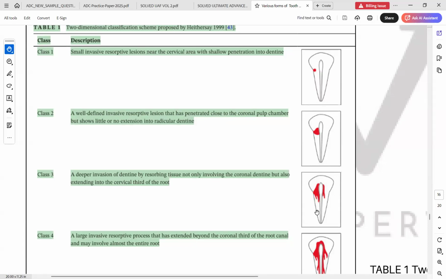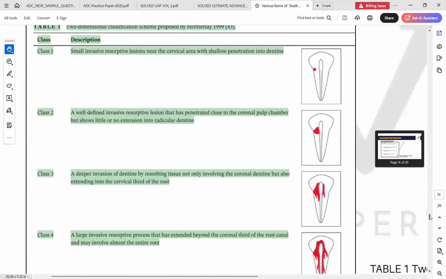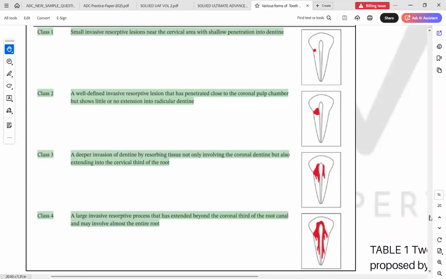And the fourth category has gone beyond the coronal third of the root and almost involves the entire root. Can you see all the four types now? Give me a yes so I can switch the slide and move to the next one, so that you have fully visualized the four classes.